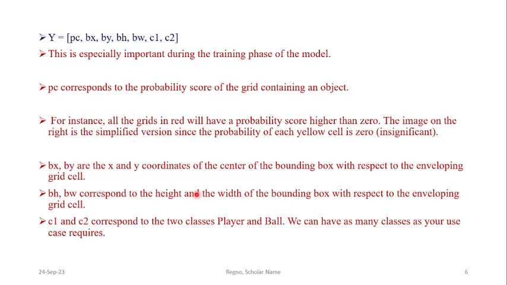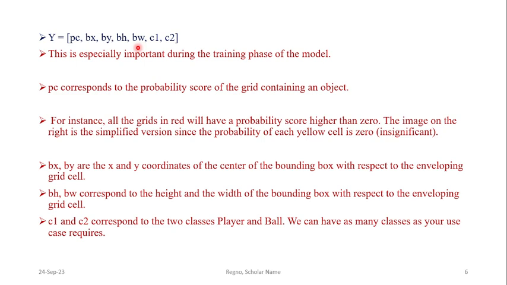These are the common attributes followed in YOLO v3; you can follow any other. They are PC, BX, BY, BH, BW, C1, C2. PC refers to the probability score of the grid containing an object. BX and BY are the X and Y coordinates of the center of the bounding box, as shown in the image.